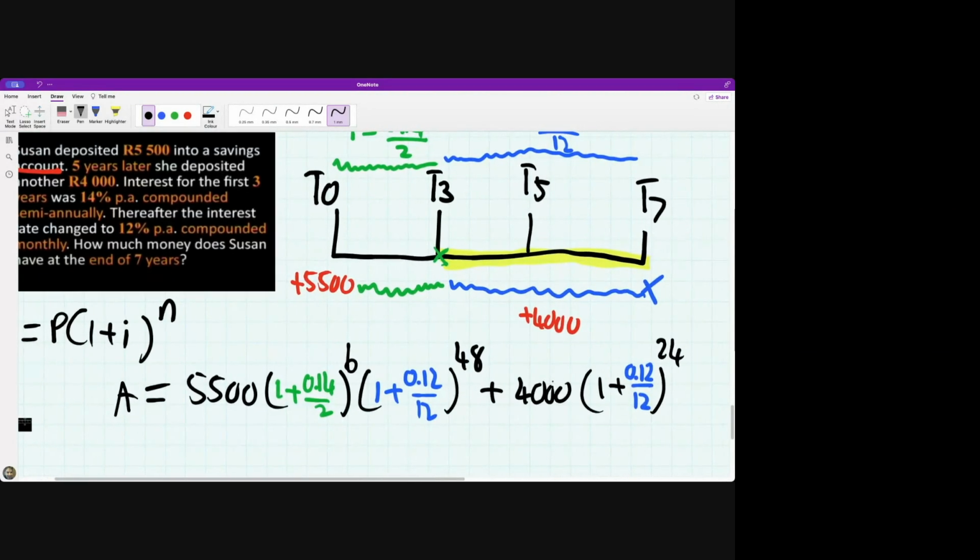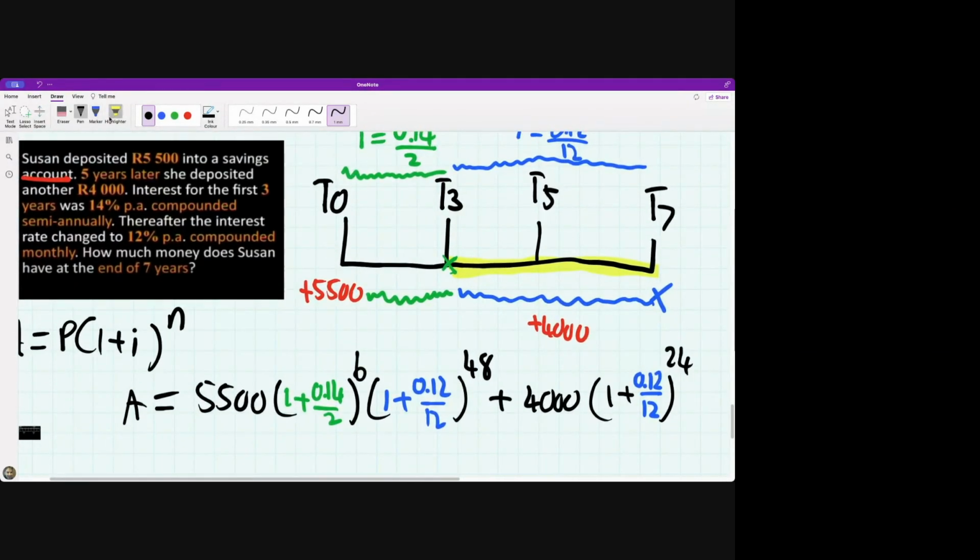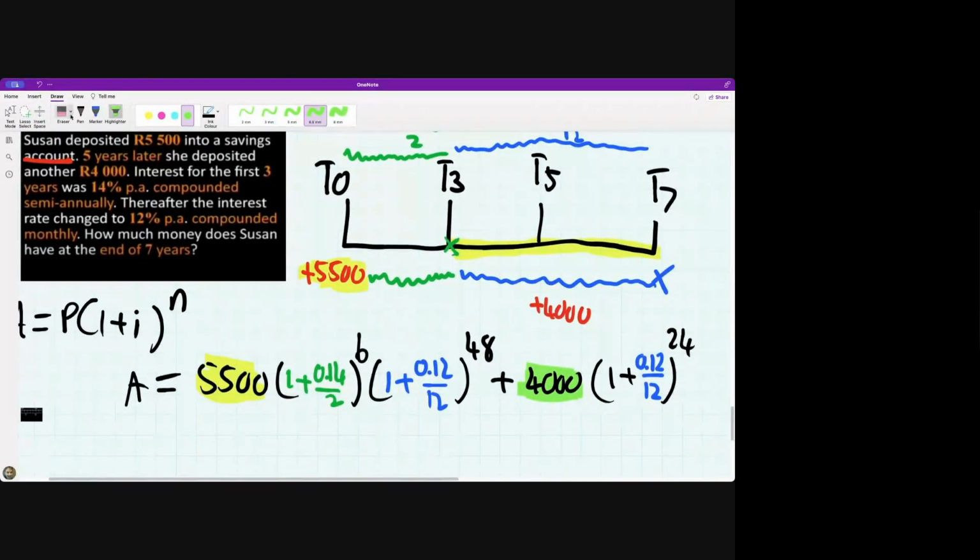So just to show you what's going on here, the 5,500 had to go through a green journey and a blue journey. The 4,000 only had to go through a little piece of the blue journey. I want you to try and use your calculator to key this in and get me an answer.